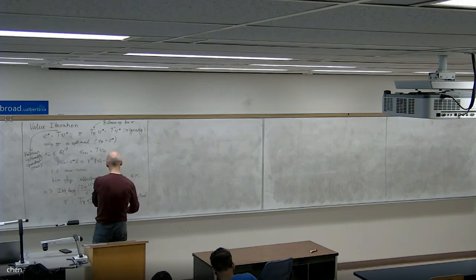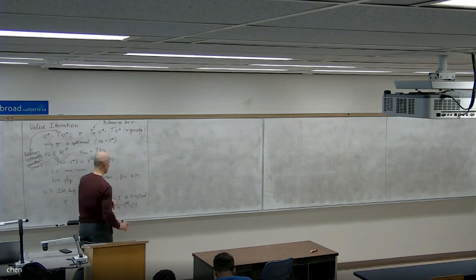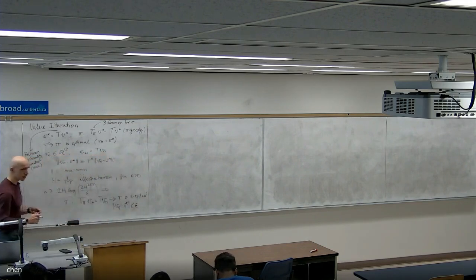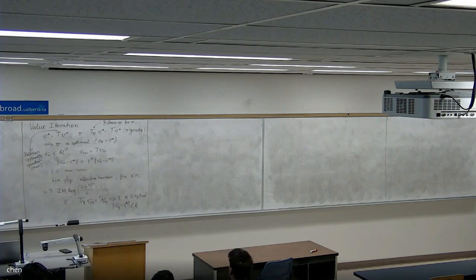Which means that V pi is epsilon close in maximum norm to V star. So using pi is not going to lose more than epsilon, no matter what the initial state is.